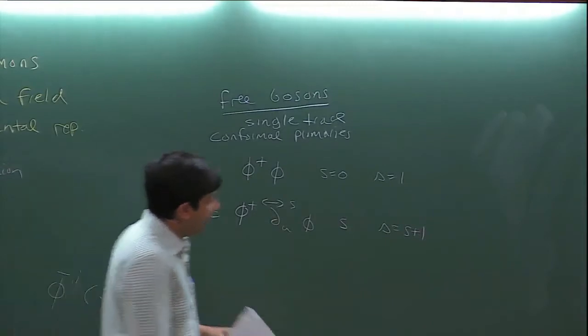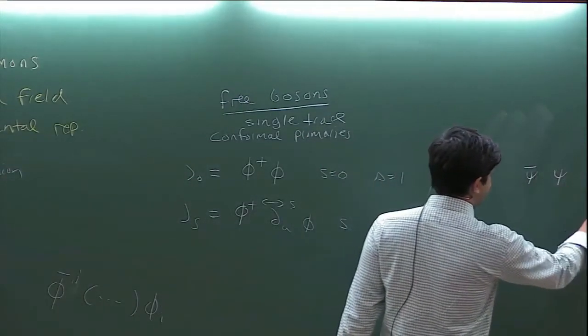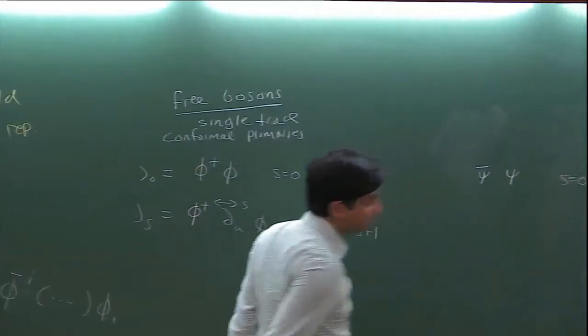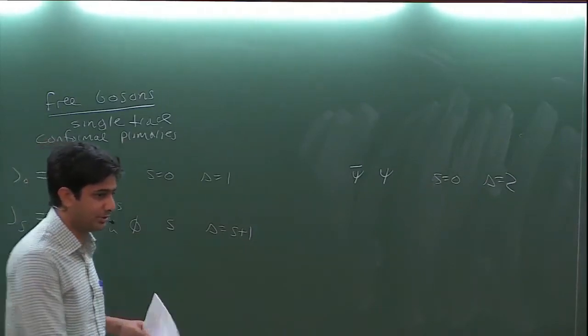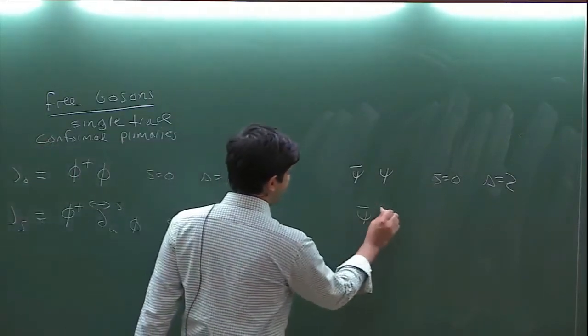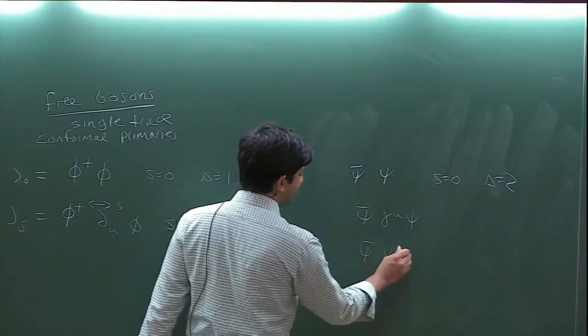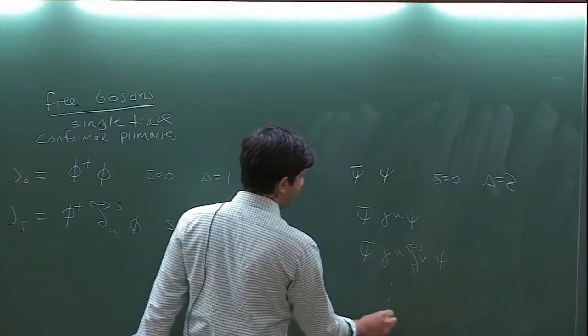In the fermionic case, we have a similar story, except here the scalar has dimension 2, because fermionic fields, Dirac fermions, have mass dimension 1, so the scalar has mass dimension 2, and then a tower of currents such as the following.